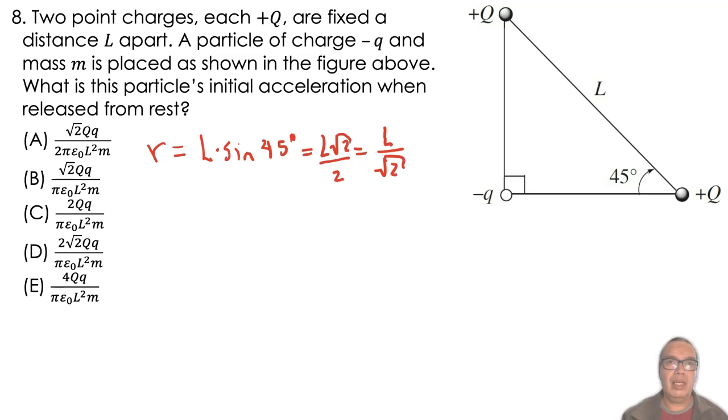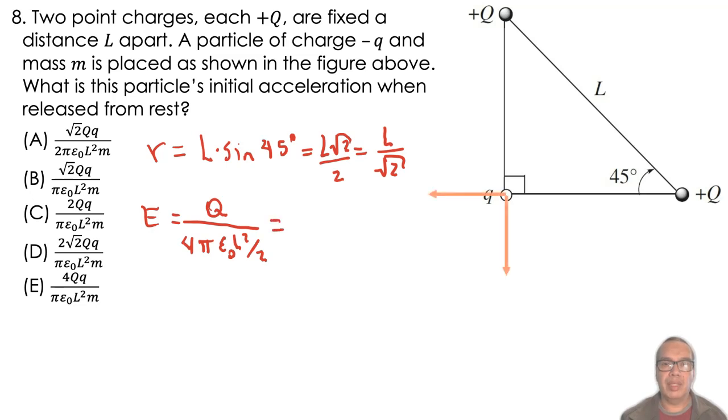Then, the electric field due to one of the positive charges is Q over 4 pi epsilon naught (L squared over 2), directed away from the charge. This simplifies to Q over 2 pi epsilon naught L squared.